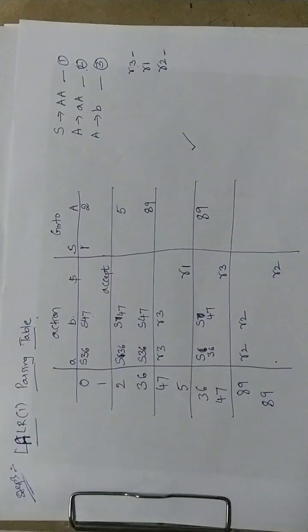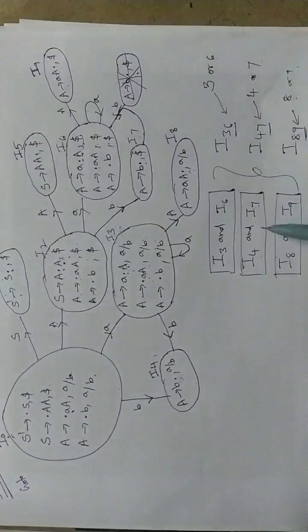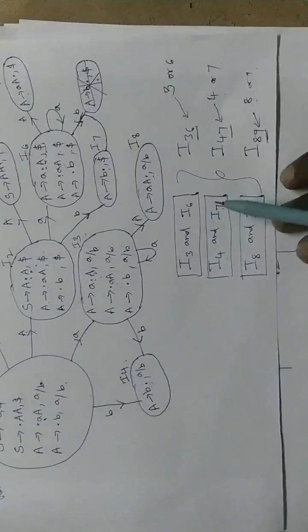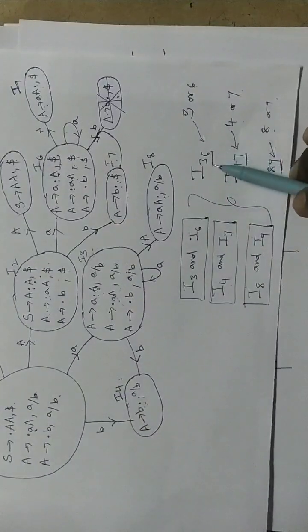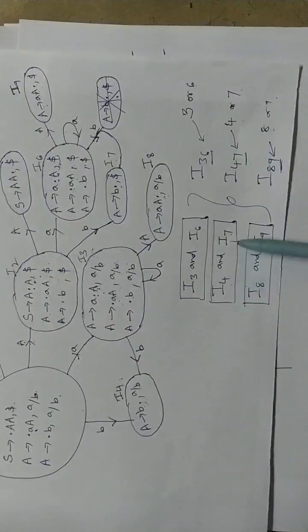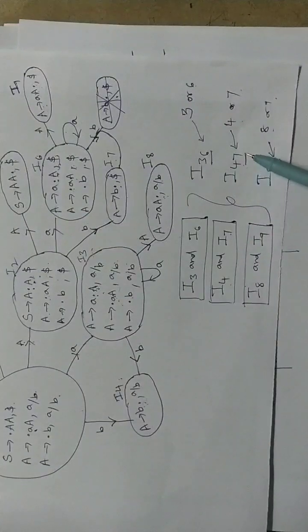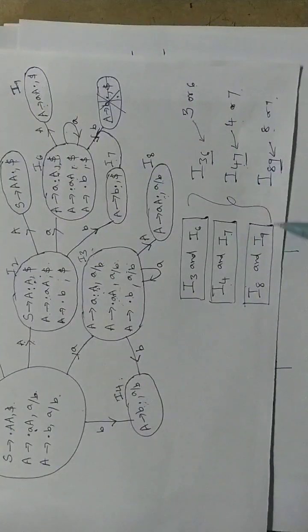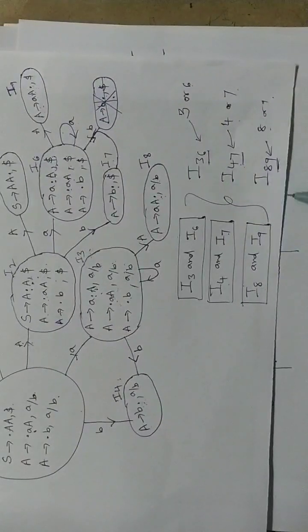Is anything left over? I think we have converted everything, right? Because state 3 and state 6 are the same, I combined these two as a single state 36. 4 and 7 are the same, so I have converted them into a single state 47. 8 and 9 are the same, converted as state 89.